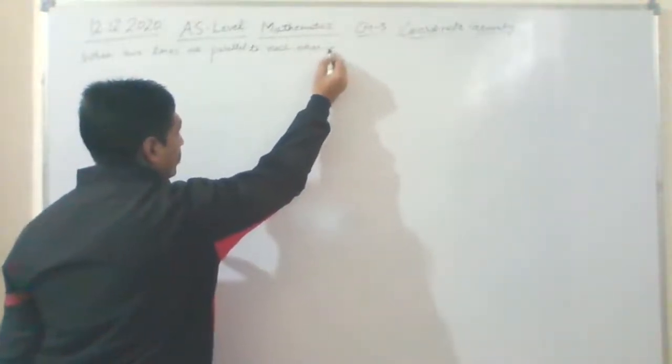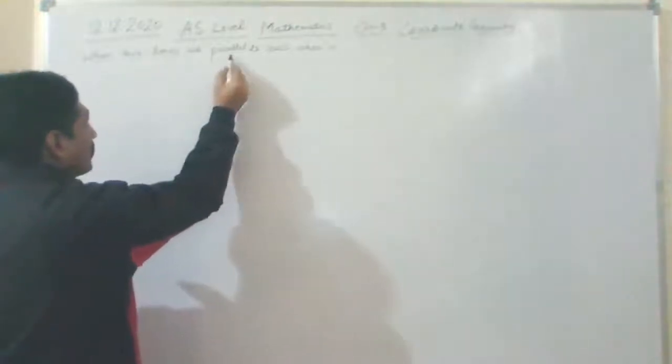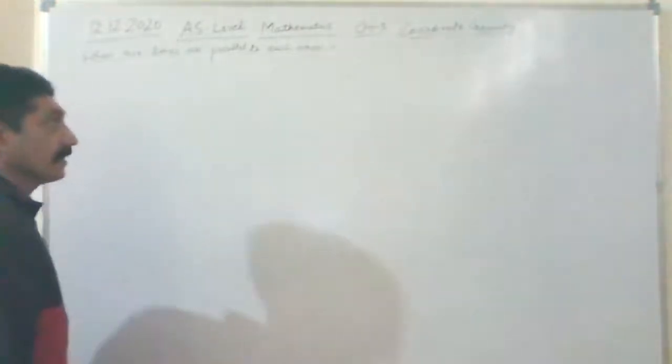So we know when the lines are parallel to each other, their slope is the same.